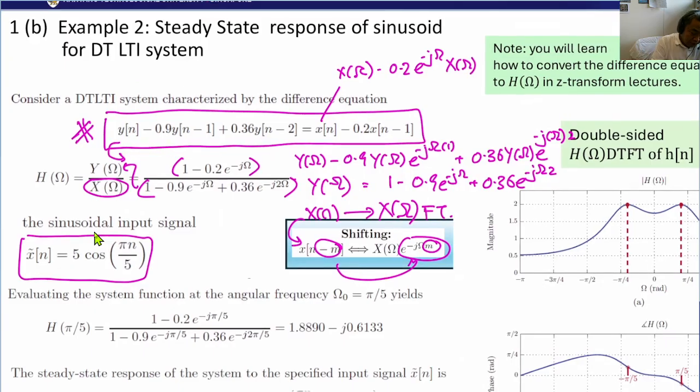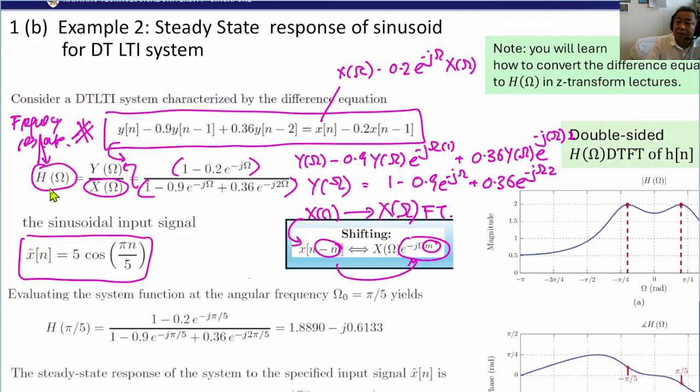We then form h of omega, which is typically called the frequency response, which is nothing but the Fourier transform of the impulse response, which is the output over the input. And we have this expression over here. We now have h of omega.